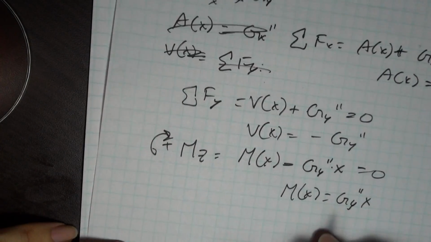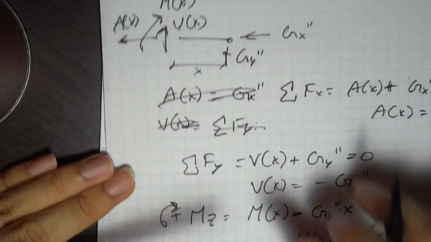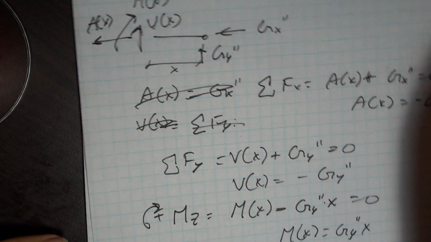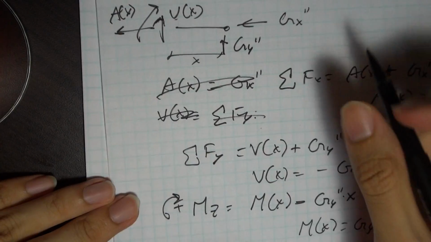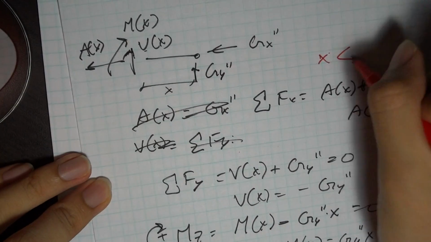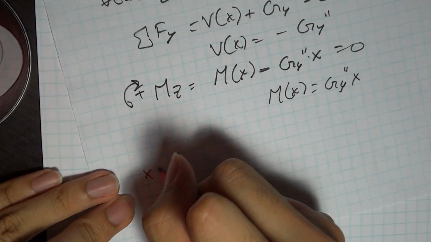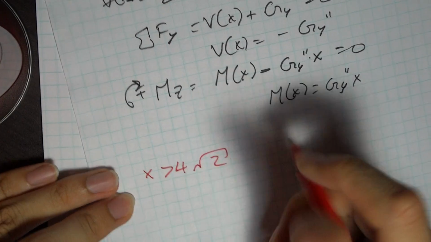No negative sign here. And I just do the same thing after the cut. So these are all for x less than 4√2.